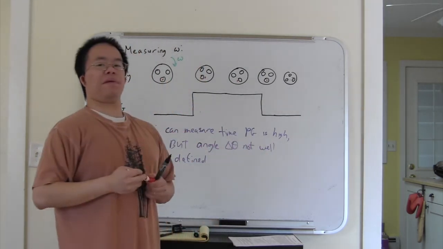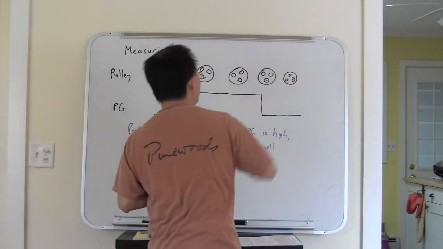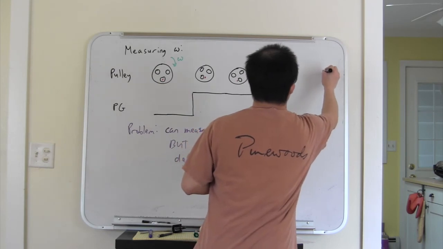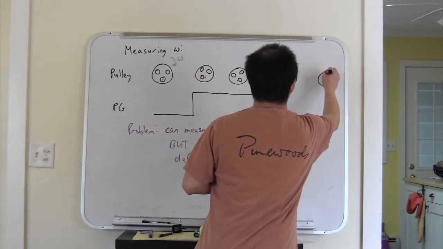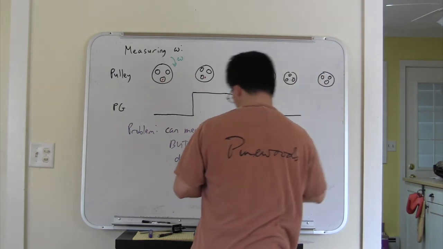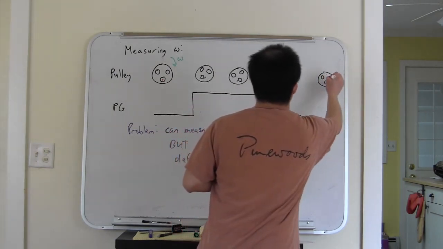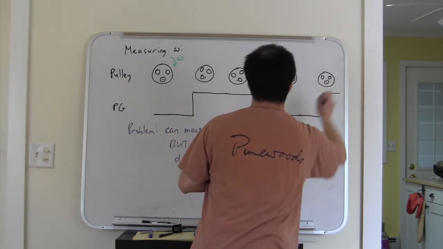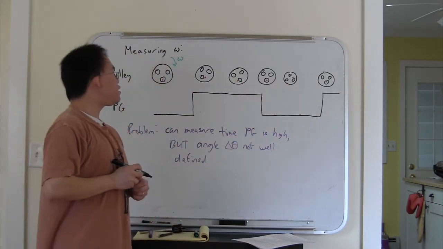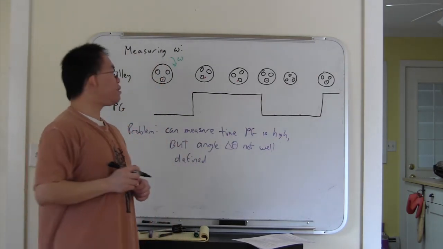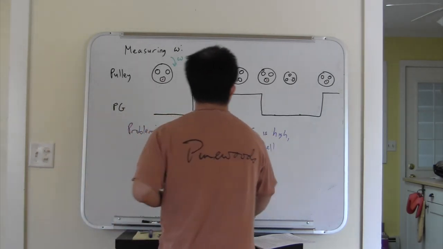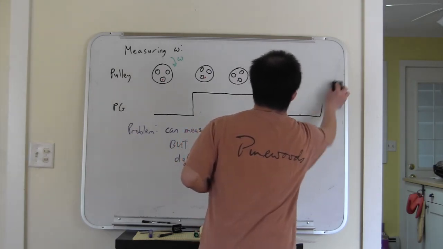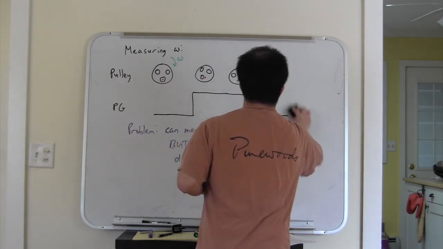But then, if this continues rotating to the right, eventually we get to this state over here. Whoops, sorry, I drew that incorrectly. We've rotated over here, and then we've rotated over here, and our light is blocked.